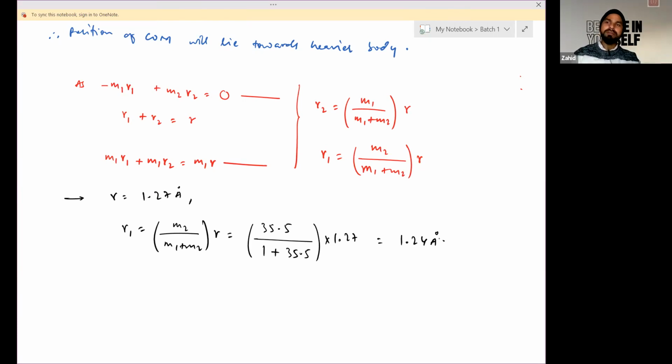So you get a direct relation using this formula instead of drawing a coordinate system and so on. Hamza, is it clear? Yes, sir. Okay.